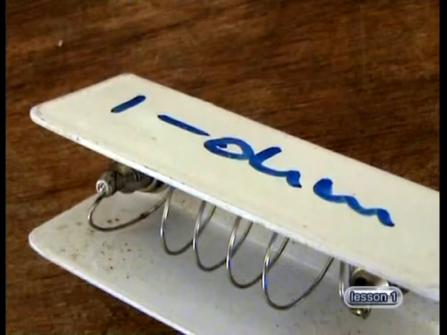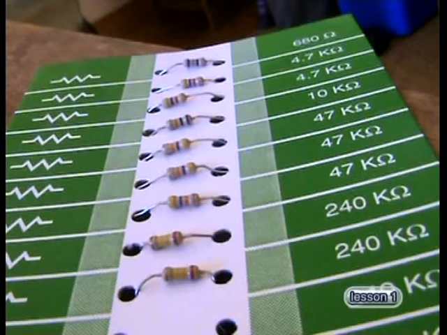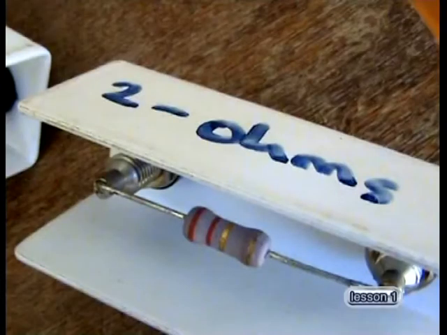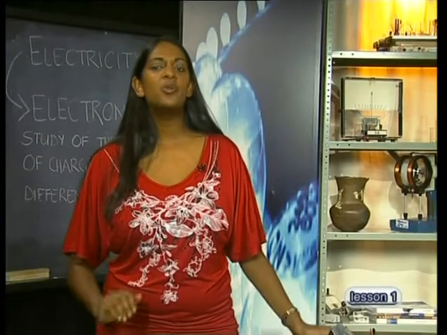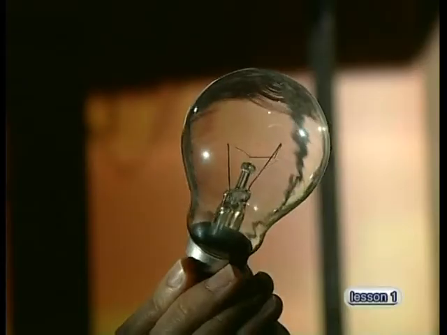This means that different metals or combinations of metals can be used to make resistors of different ohmic values. The resistance of each of these resistors will remain constant for all values of current and potential difference, as long as the temperature doesn't change too much. Now, there's one very useful resistor that isn't usually used in electronic circuits: a light bulb.